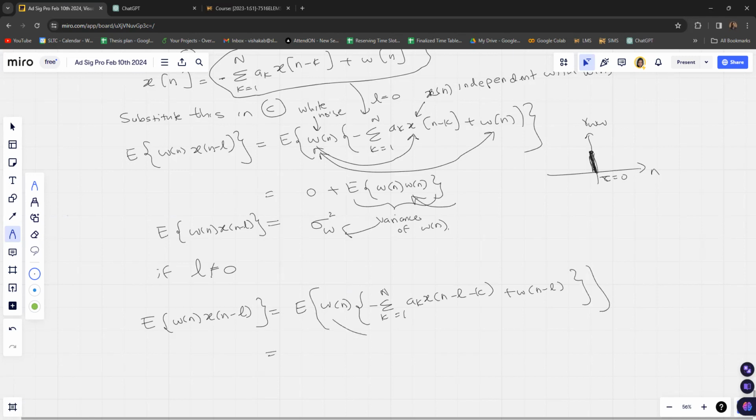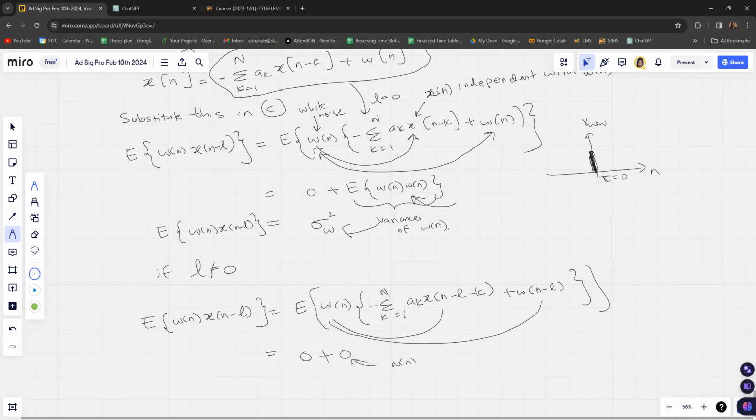If we take the expectation of the product of these two, again, it's going to be 0. And once we take the product between Wn and Wn minus L, the expectation will again result in 0.